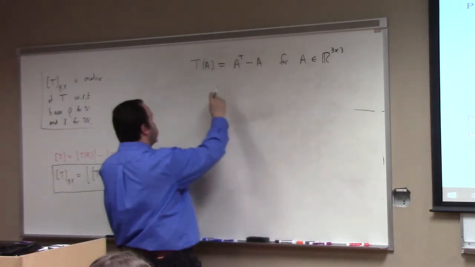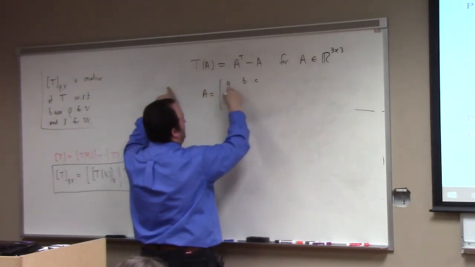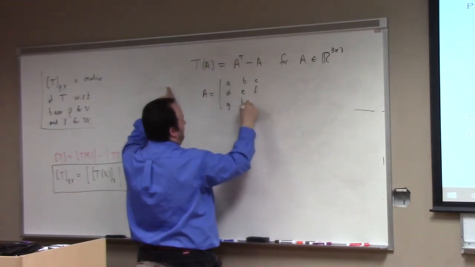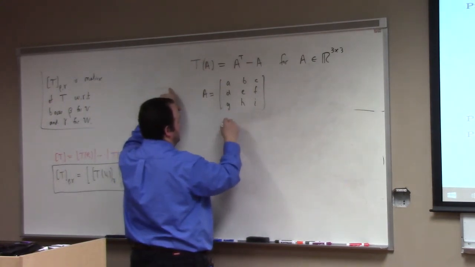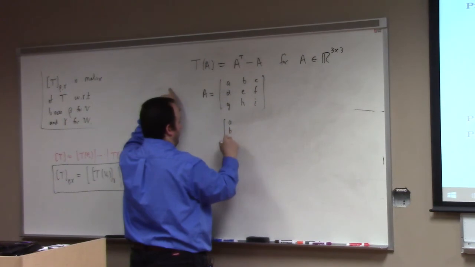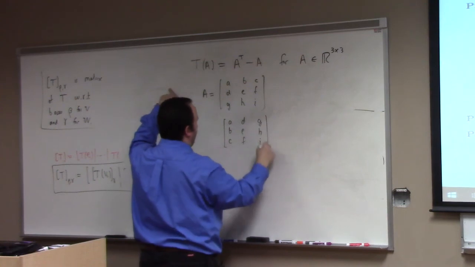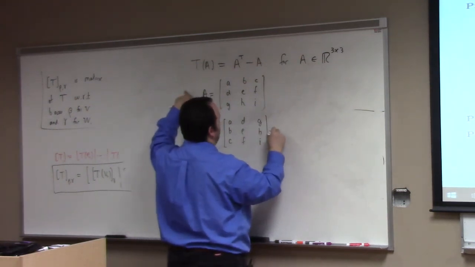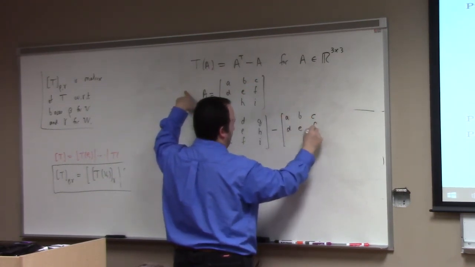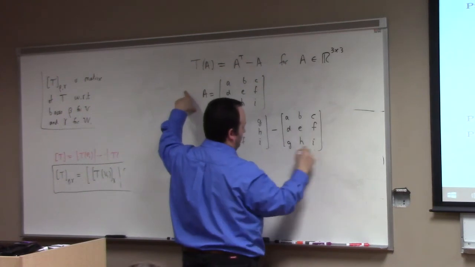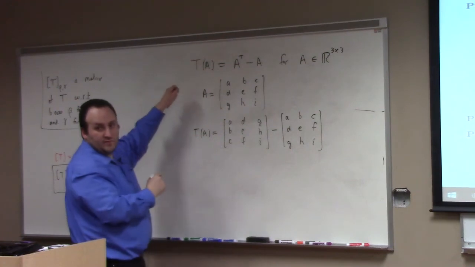Let's actually do it. So if I take A equal to A, B, C, D, E, F, G, H, I, and I take the transpose of that, so that minus A again, right? That's T of A. So we could write that as what?